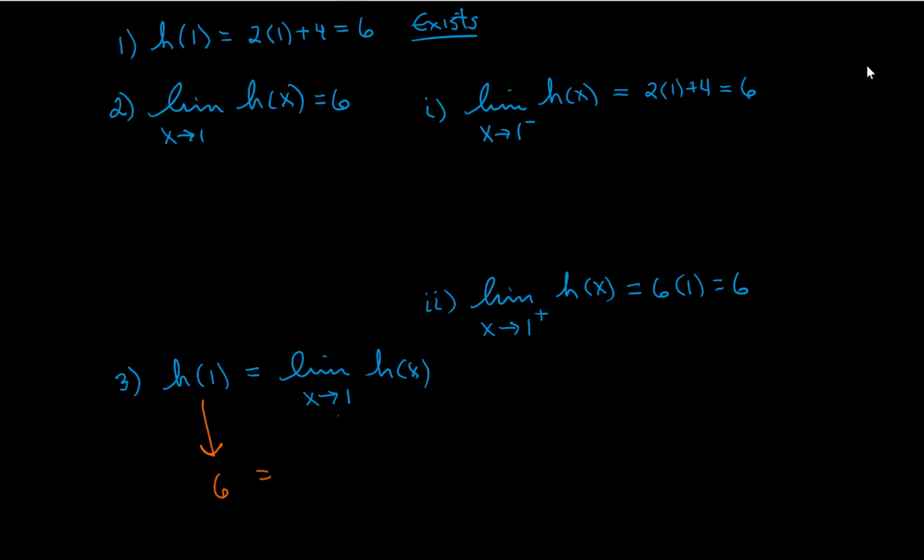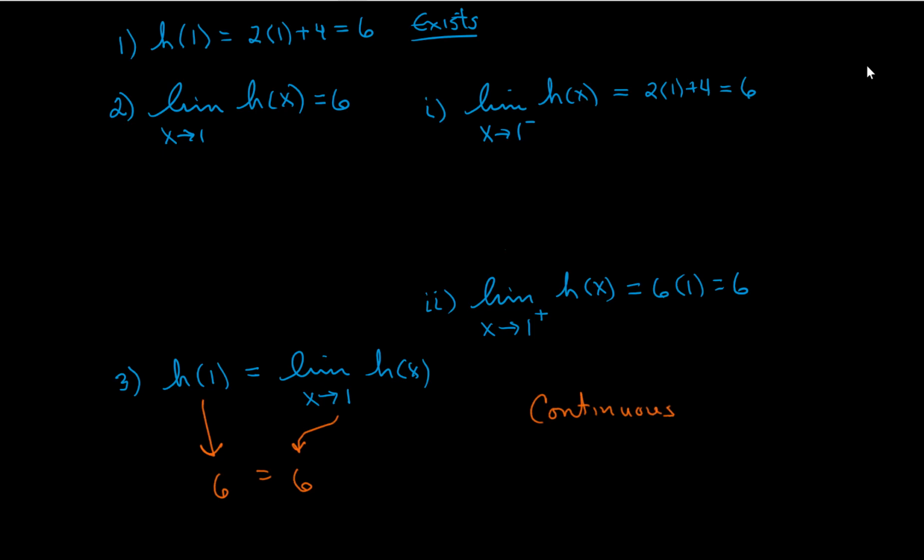Then, as we determined with the limit that we just did, it approaches 6. So what this says is when you actually get to x equals 1, you're going to be at a y value of 6. The limit says whether you're coming in from the left or the right-hand side, it looks like we're headed to 6, and when we actually get there, sure enough, we're at 6. So this function is continuous at x equals 1.